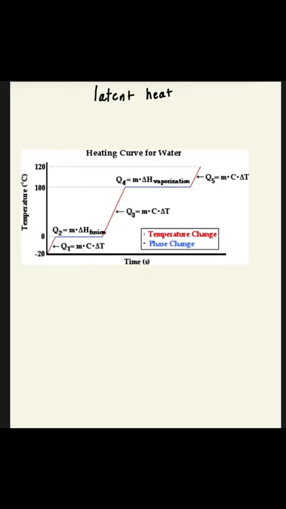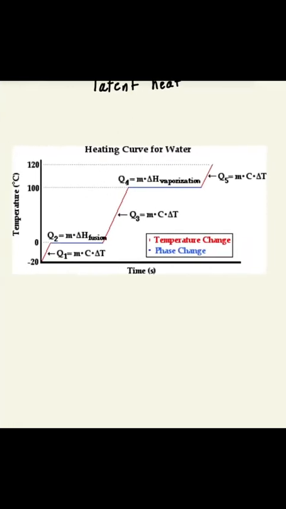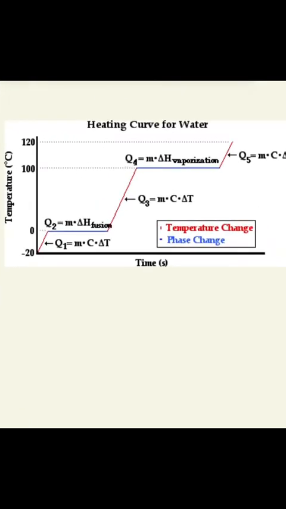So if we have a look at this graph here, imagine we have a container or a pot. Let's go with a pot of water on a stove, and it is being heated from a plate underneath.